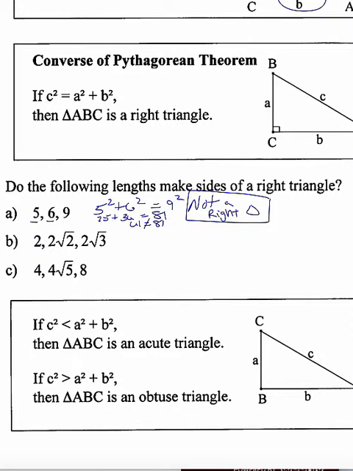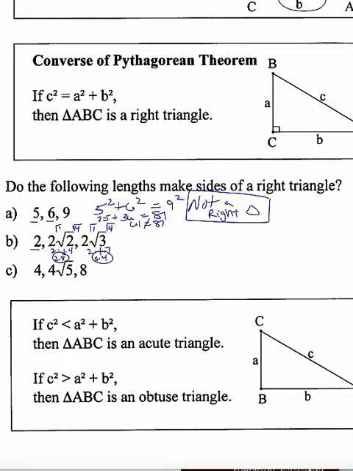Now in the second example, you'll see why we were approximating our square roots. Our first side is 2, our second side is 2 root 2. Root 2 is between the square root of 1 and the square root of 4, so it's probably about 1.4 being multiplied by 2, which is about 2.8. 2 root 3 is also between root 1 and root 4, so it's going to be approximately 1.7 times 2, which is about 3.4.